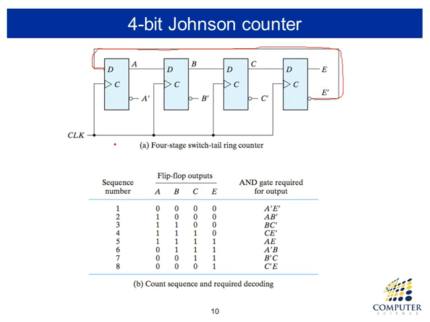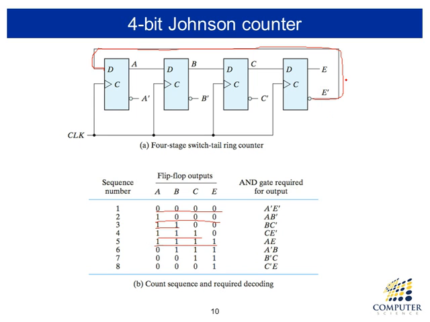If you begin with all zeros, then since the complement is 1, on the next clock, because of this red connection, the first one becomes 1, and then the 1 is shifted to the next, to the next, and to the next.